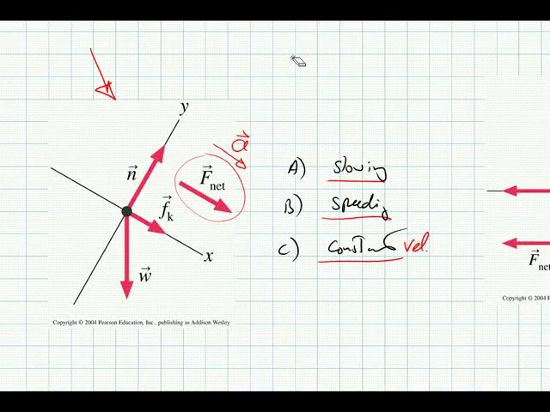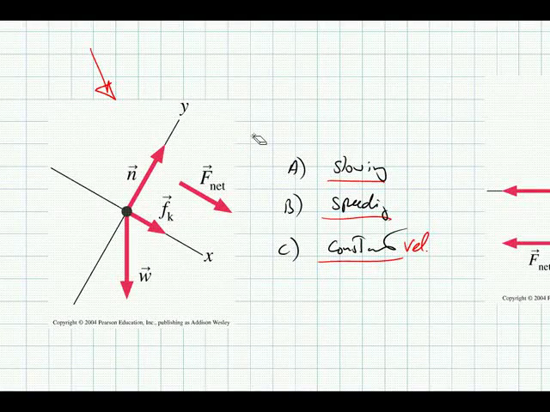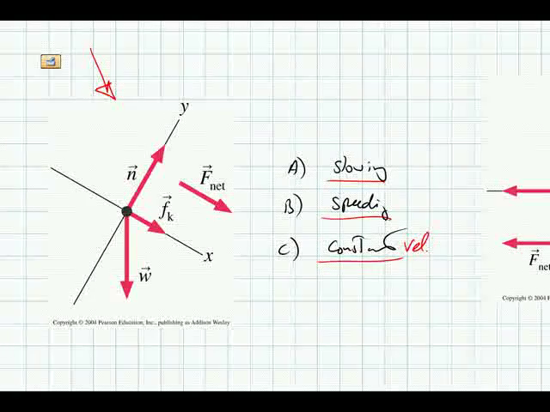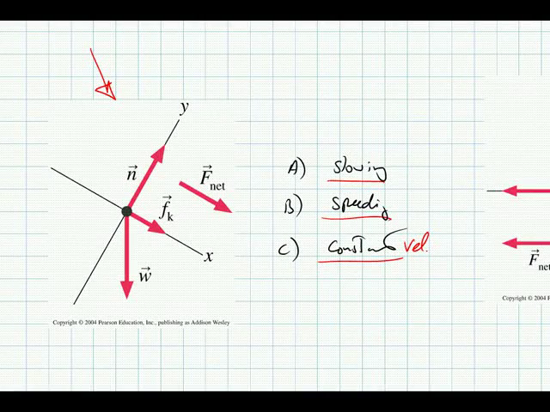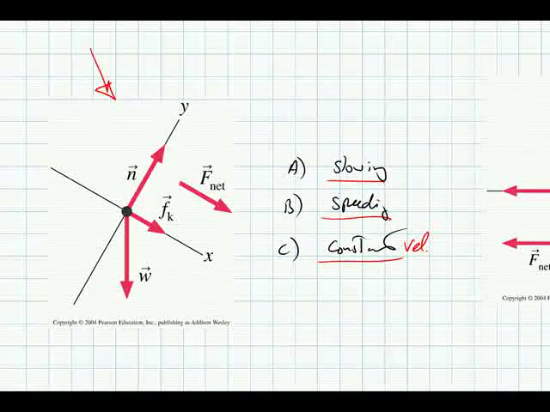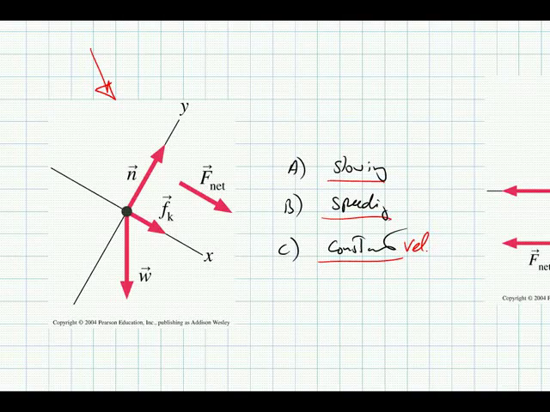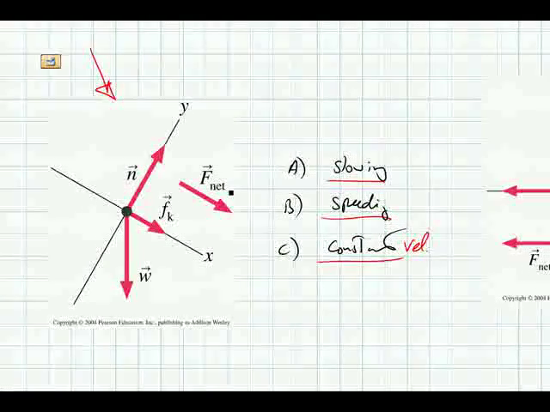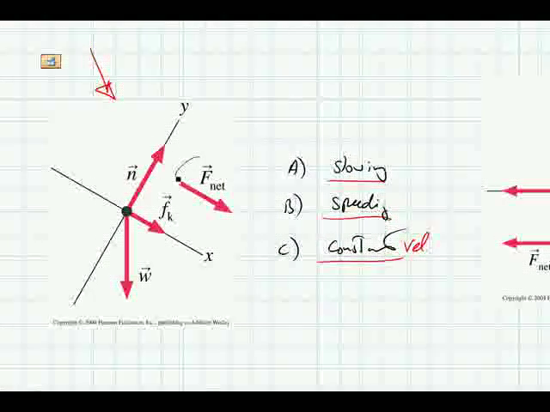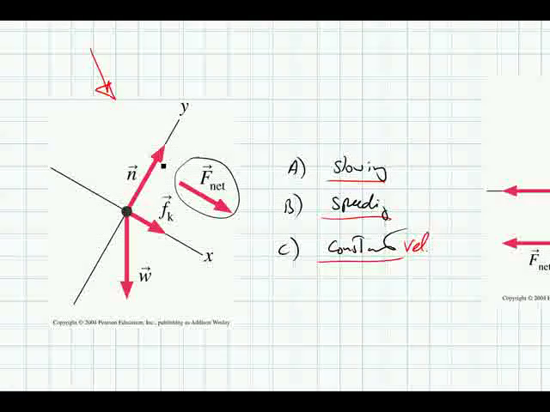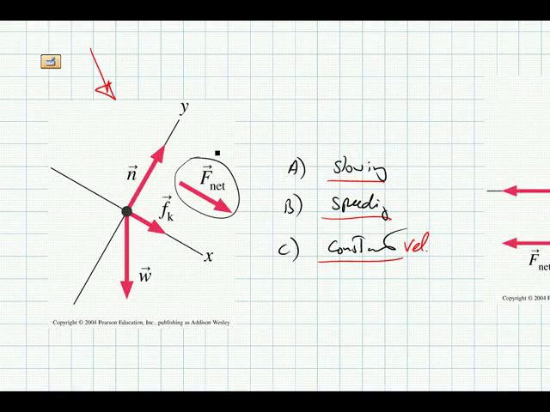Let's go back to the question, and we'll think about whether the object in the drawing is slowing down, speeding up, or going at constant velocity. If you'd like to pause now, please go ahead and do so. Now, to find the answer, first of all, pay attention to the fact that F net is in the positive x direction.